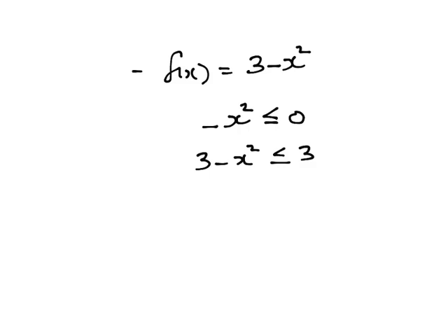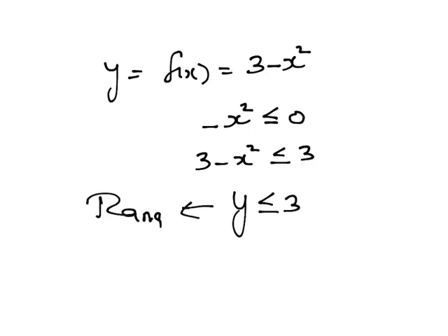That means this is y. So y is less than or equal to 3. So therefore, this is the range. The range is all real numbers less than or equal to 3. That means whatever you put for x, you'll always get a number which is less than or equal to 3. You will never get a number which is more than 3.